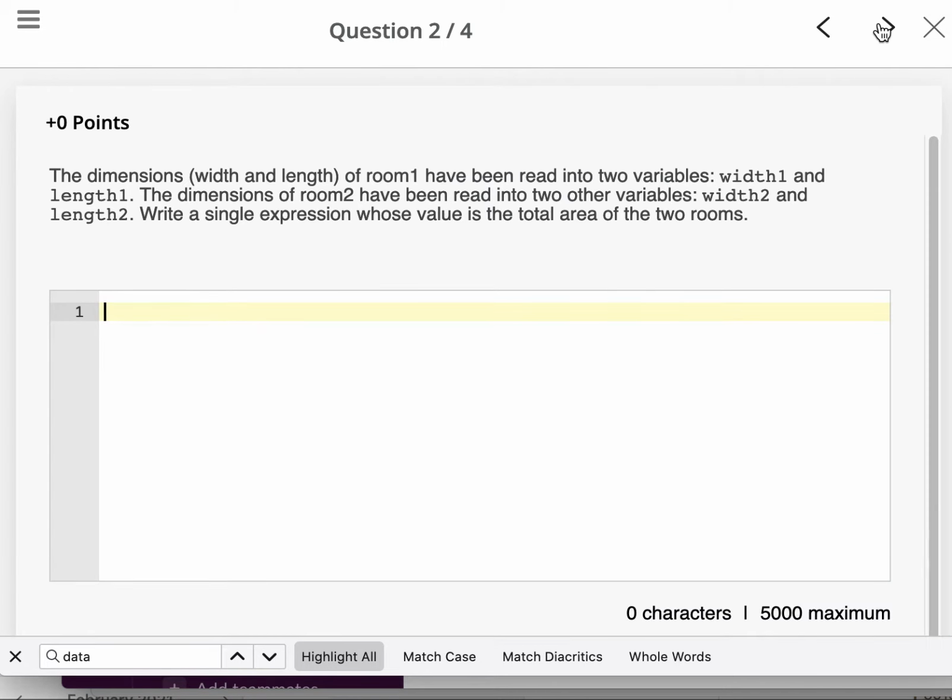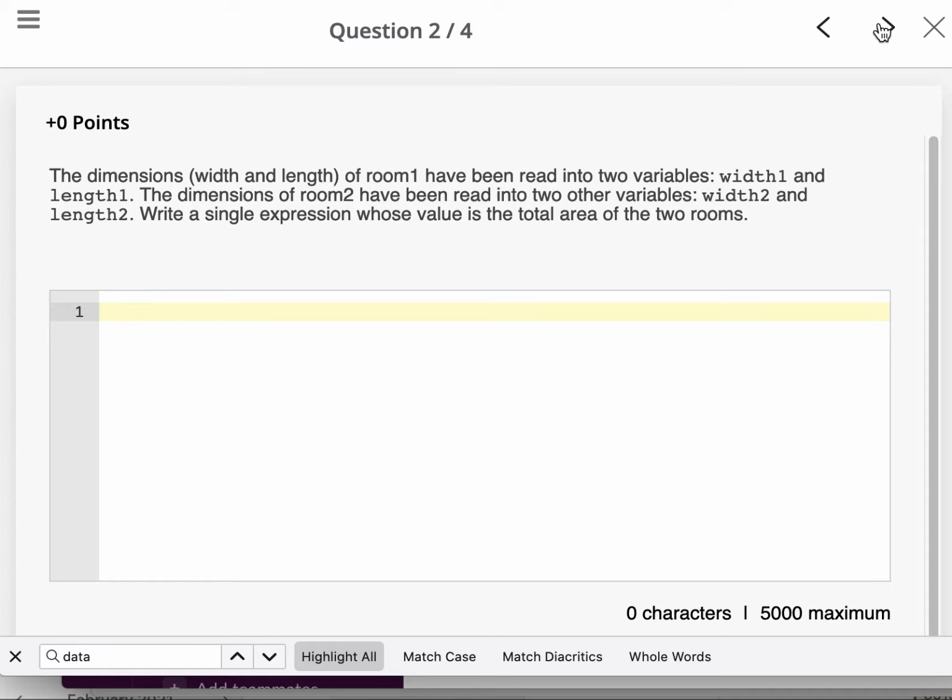All right, here's the next one. The dimensions of a room have been read into variables width and length. The dimensions of another room have been read into two other variables, width and length. Write a single expression whose value is the total area of two rooms. So perhaps we're buying flooring for a room.